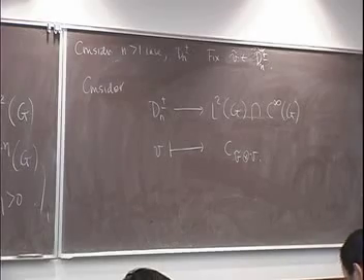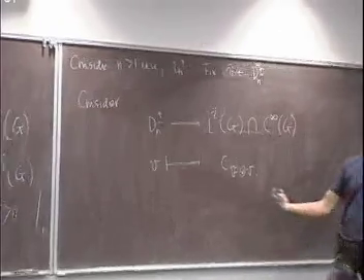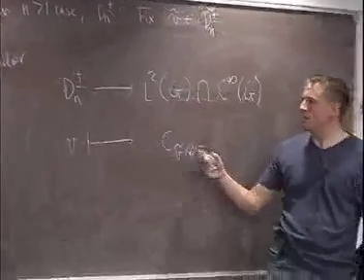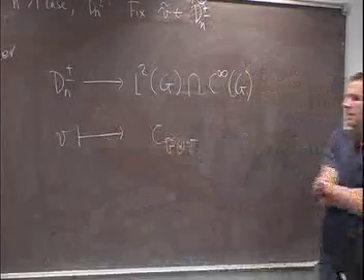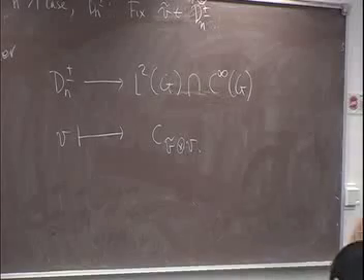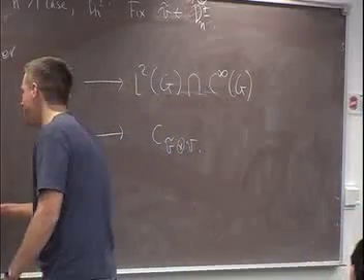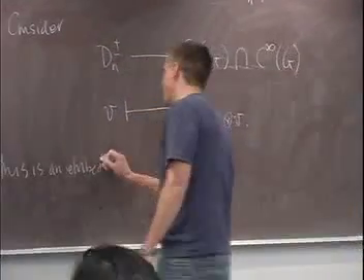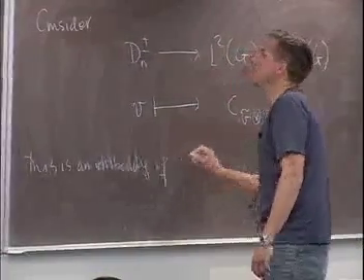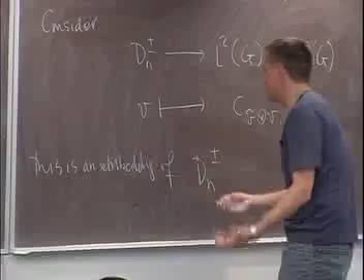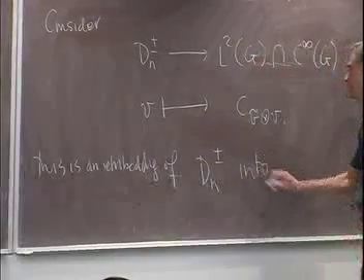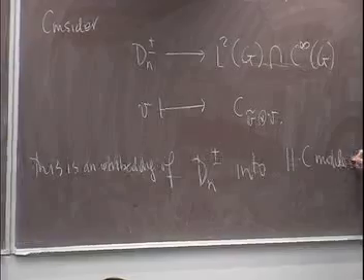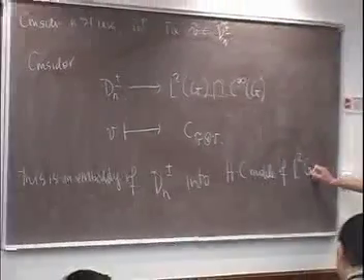Okay? This is equivariant for the right action, because the representation I have here is dn. And so this amounts to an embedding of the Harish-Chandra module dn plus or minus into the Harish-Chandra module of L2 of G.